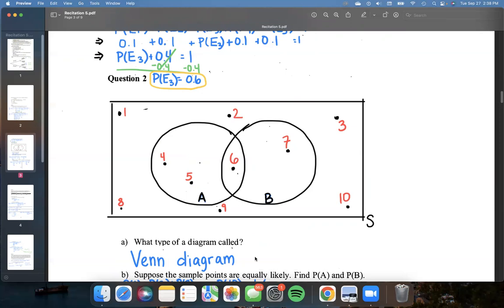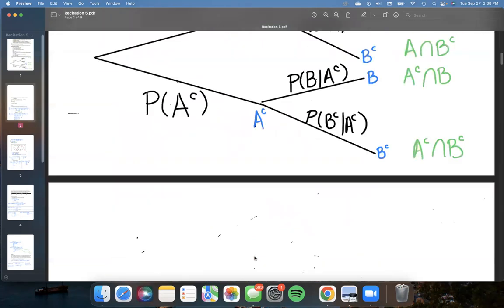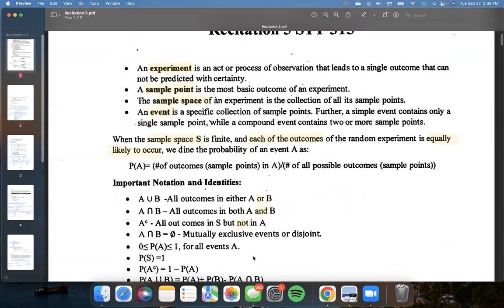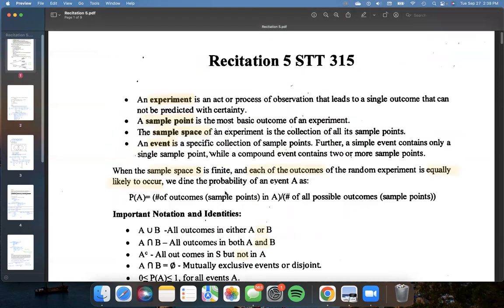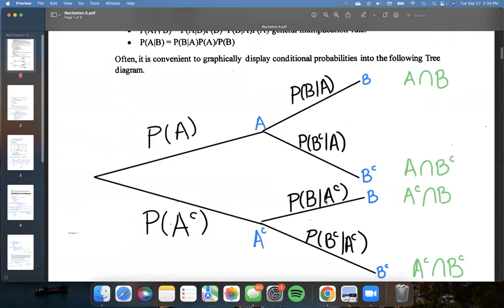Okay, so here our key phrase is that the sample points are equally likely. So remember, if we scroll up to this property here, when the sample space is finite and each of the outcomes in a random experiment is equally likely to occur, which is our situation, we define the probability of event A as the number of outcomes in A, or the number of sample points in event A, divided by the total number of sample points.